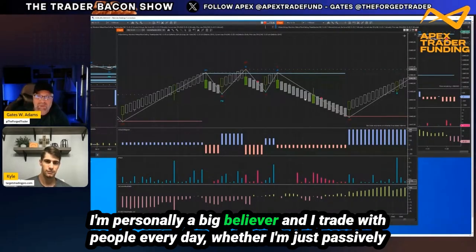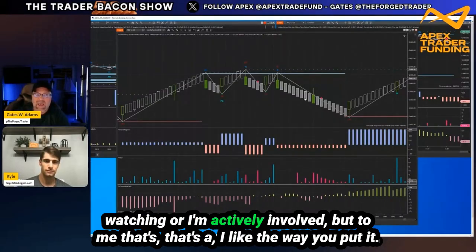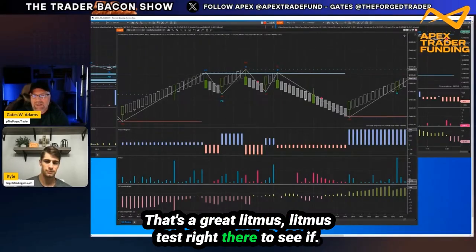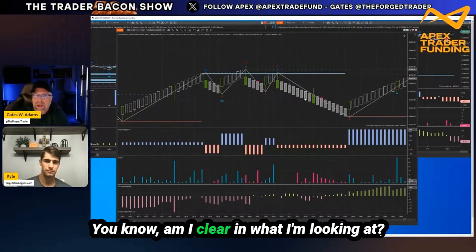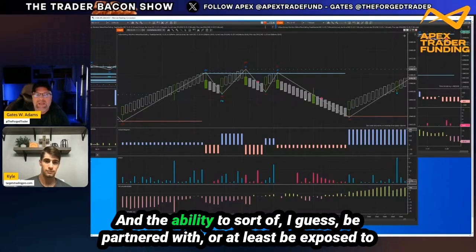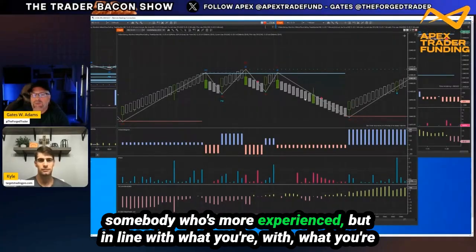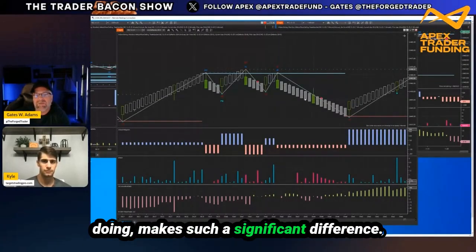I'm a big believer, and I trade with people every day, whether passively watching or actively involved. I like the way you put it; that's a great litmus test to see if I'm clear in what I'm looking at. Being partnered with, or at least exposed to, somebody who's more experienced but in line with what you're doing makes such a significant difference.